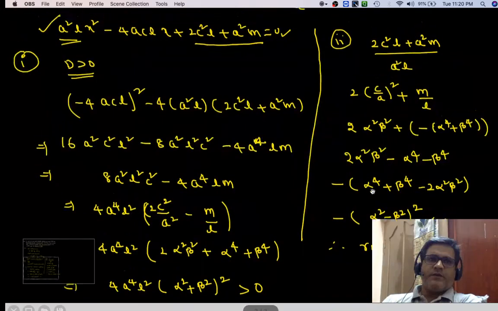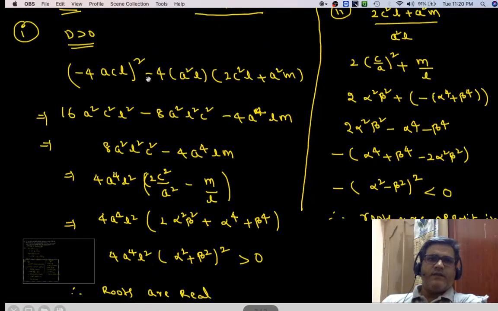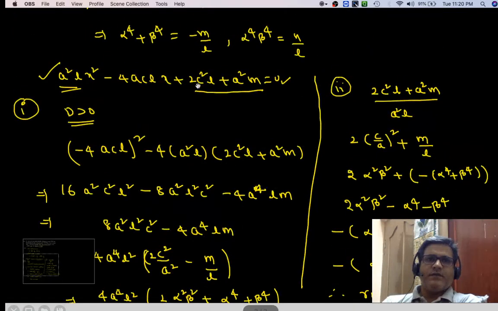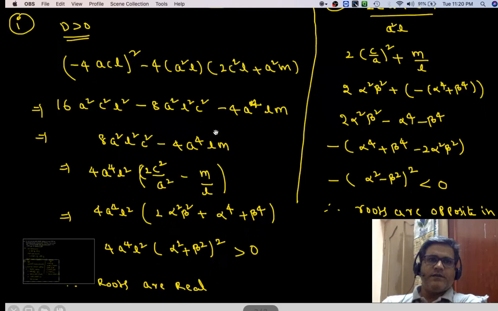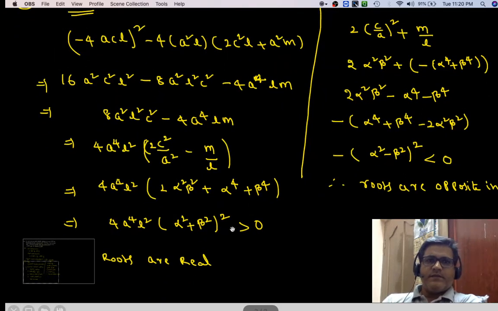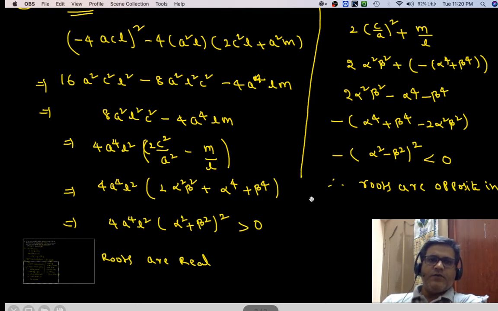See, in the first part, what you have taken is the third quadratic equation, this one. For this quadratic equation we proved the discriminant is greater than 0, because this term is positive, this term is positive, therefore the product is always positive. That's why roots are real.